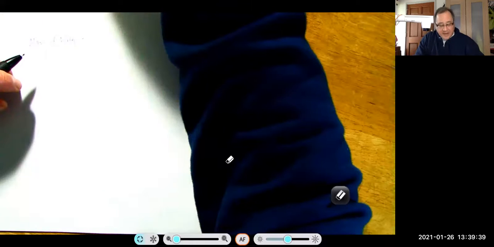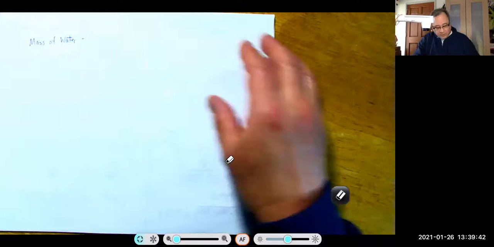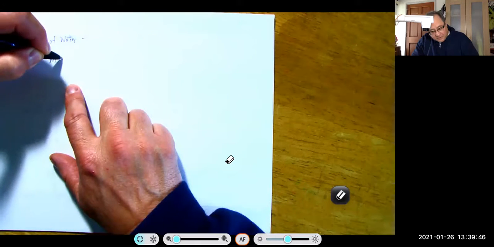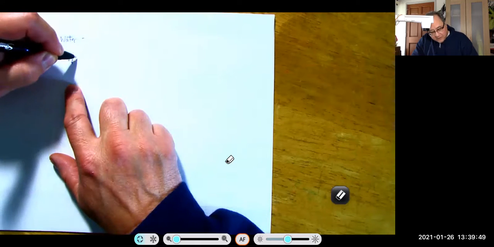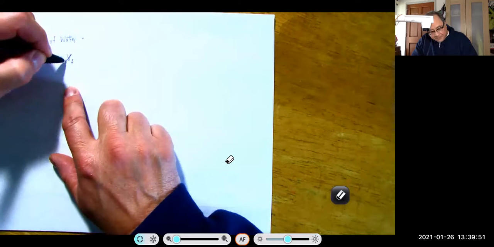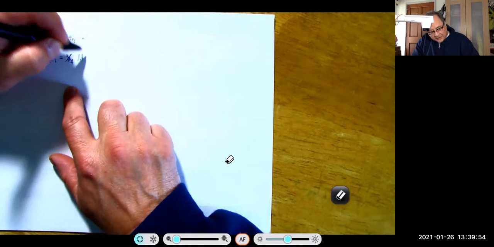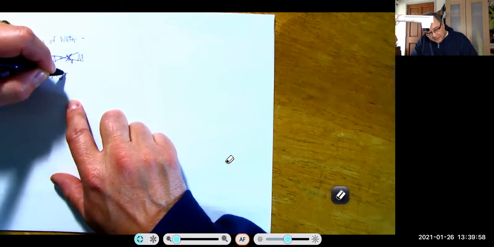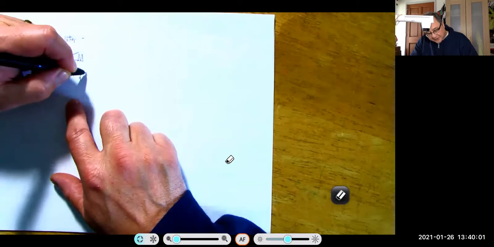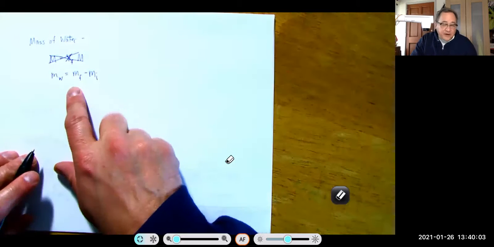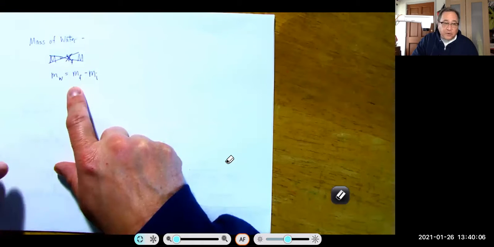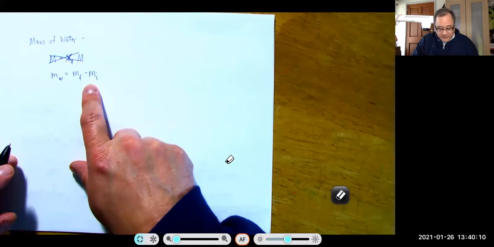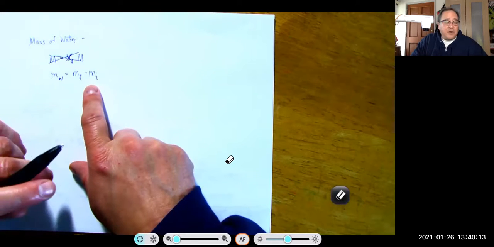So we're calculating the mass of water. So I have the mass of water is going to be the mass, and actually I don't like to use an uppercase M. Mass of the water is equal to the mass final minus the mass initial. So the mass final is the graduated cylinder with the water, and the mass initial is your graduated cylinder without the water.